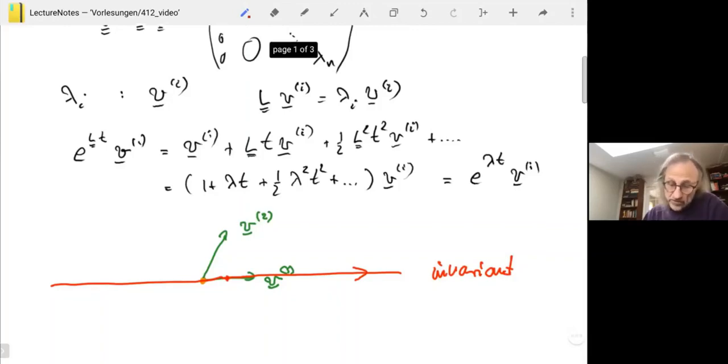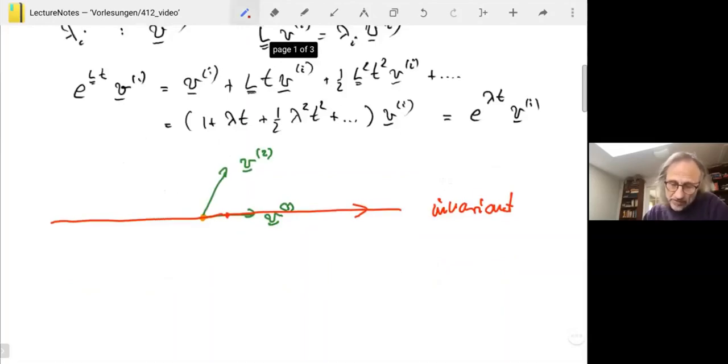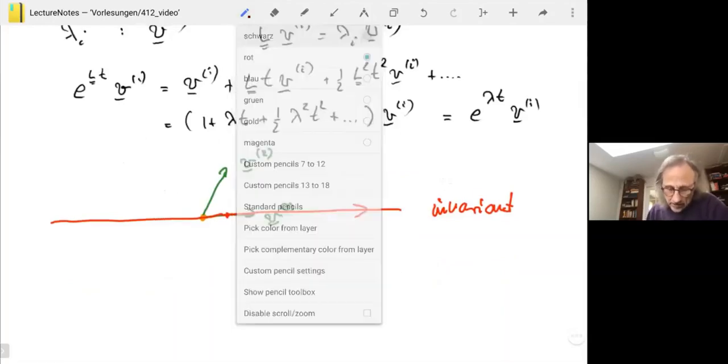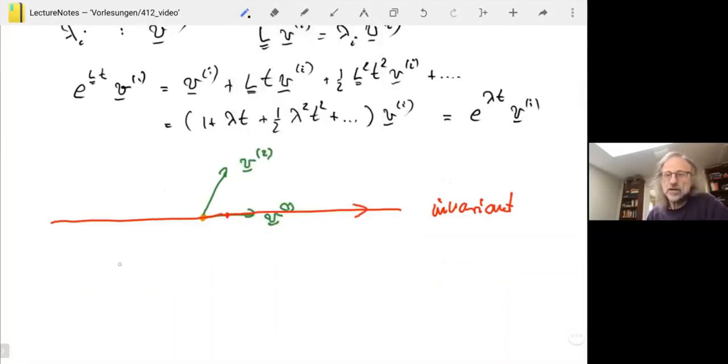The general solution, of course, is a superposition of all these guys. And so if we write down our general solution, we could write it as x of t equals e to the L t times... well, if I write it in terms of eigenvectors, I don't have to write it as a matrix.